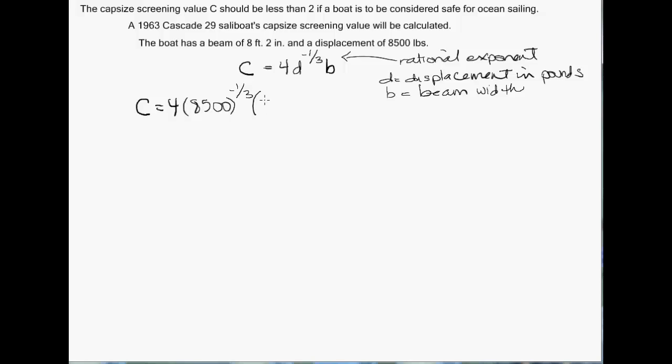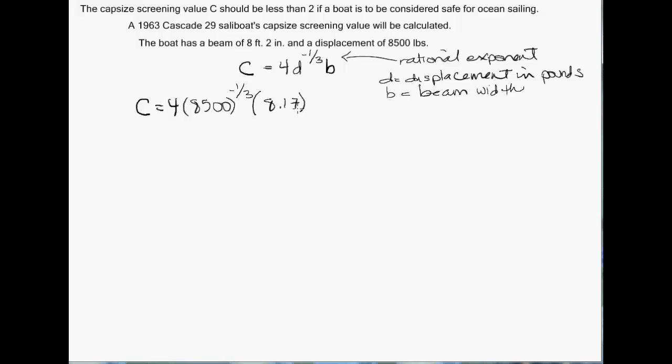There's 12 inches in a foot, so it's 2 out of 12. So we're going to divide 2 by 12, and that will get us all in feet. 8 and 2 divided by 12 is 0.1666, so we're going to round that up to 0.17.